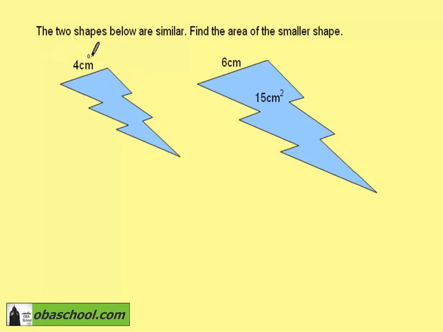The two shapes below are similar, and we want to find the area of the smaller shape. Let's look at the lengths. The ratio of the lengths between these two similar shapes is 4 to 6, which cancels down to 2 to 3.